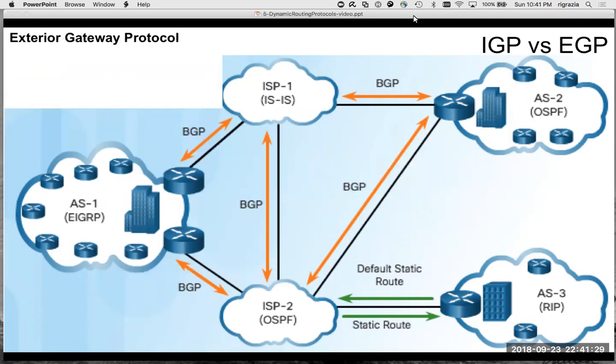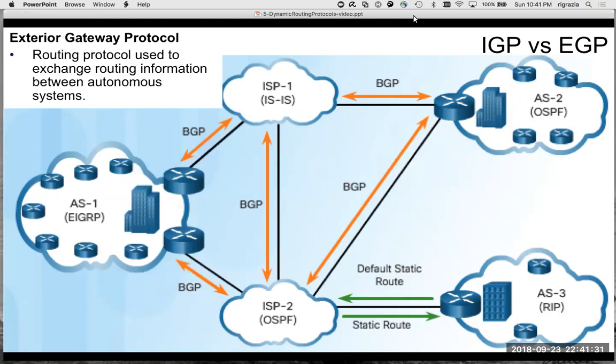Okay, exterior gateway protocol. There's only one, and that is BGP, Border Gateway Protocol. That's a routing protocol used to exchange information between what we call autonomous systems, between different organizations, typically internet service providers, content providers, and also organizations as well.